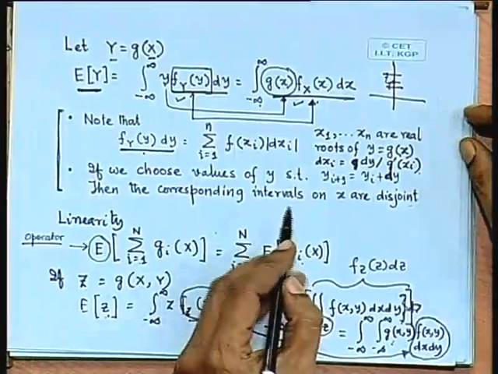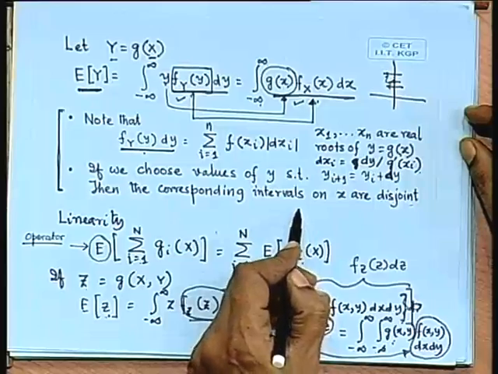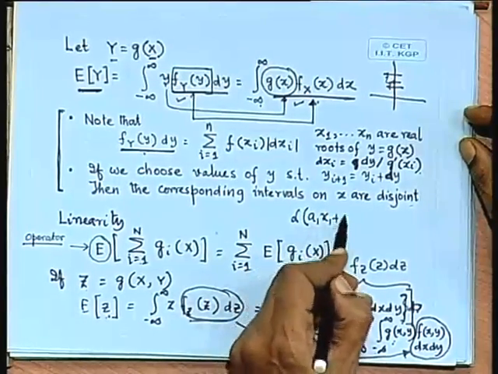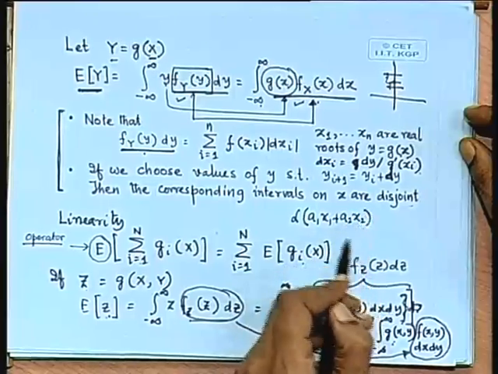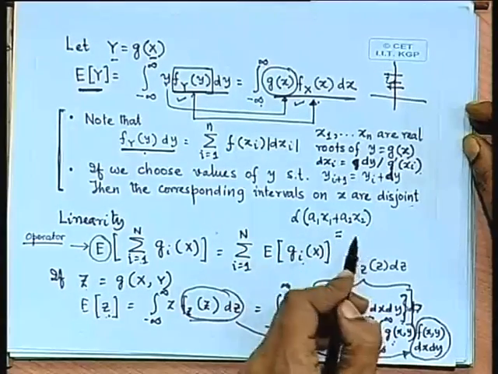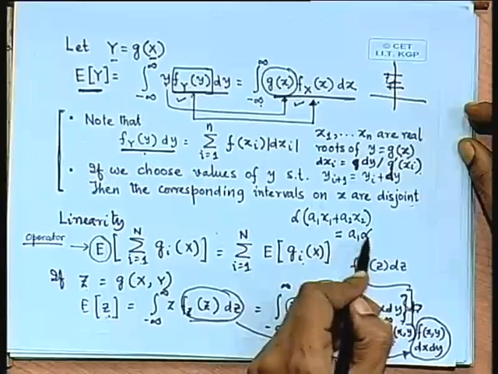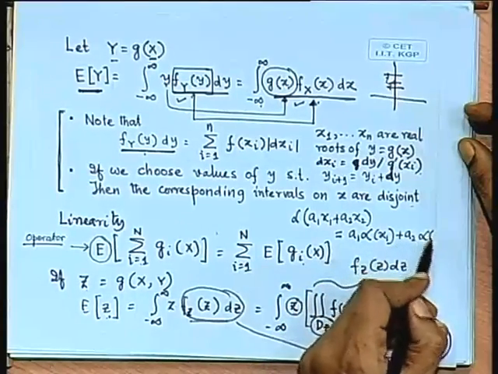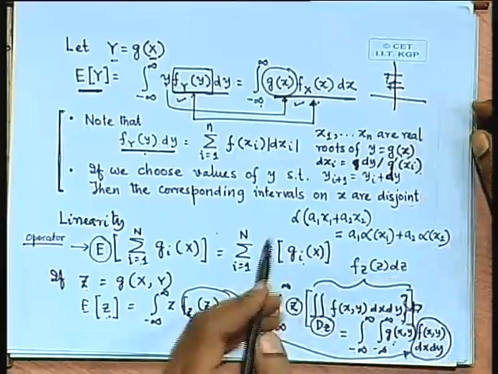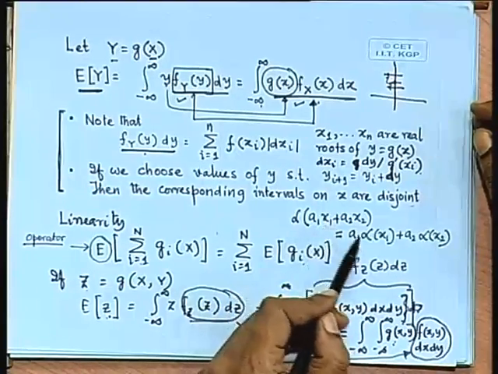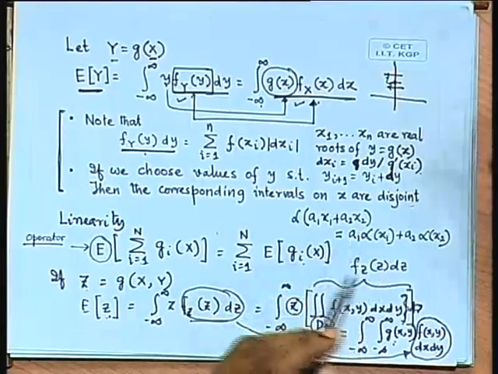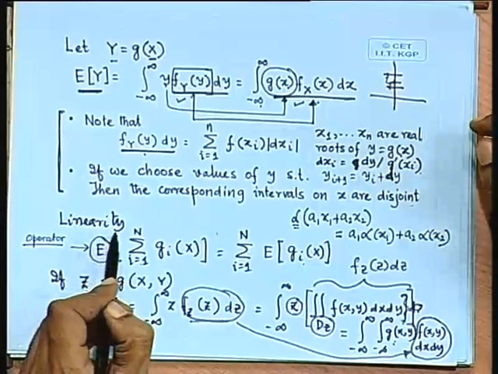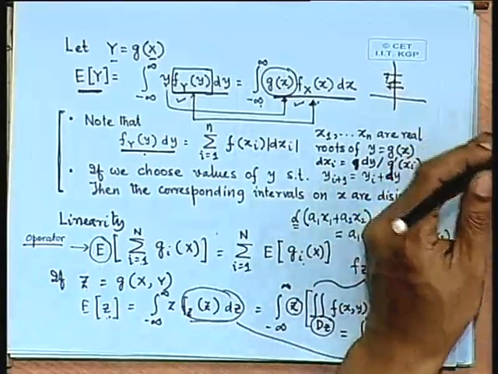Just like for any linear operator L, L of (a1 x1 + a2 x2) can be written as a1 L(x1) + a2 L(x2). This is the basic superposition theorem idea, which any linear operator satisfies. In a similar sense, this operator is called linear.